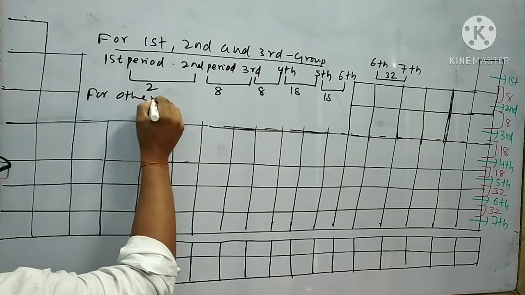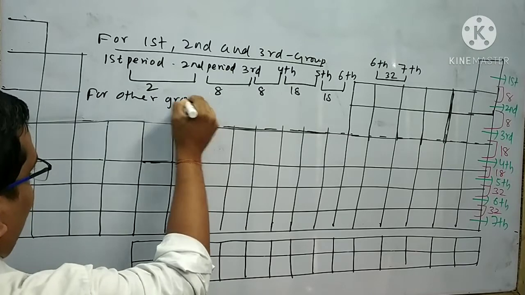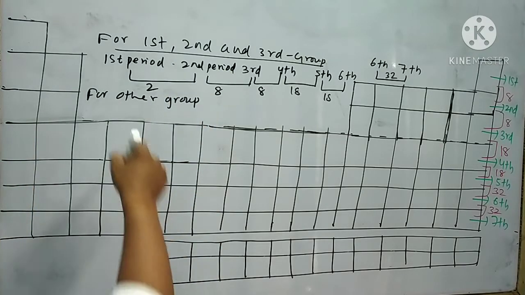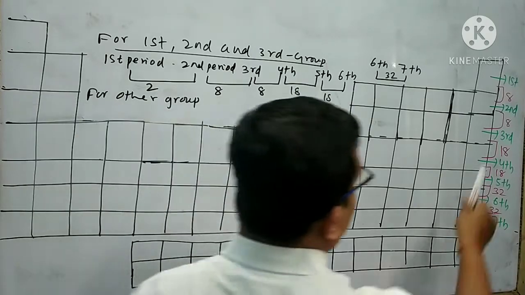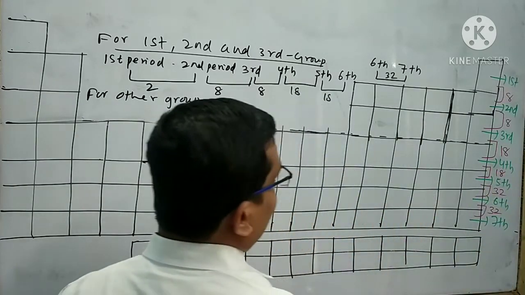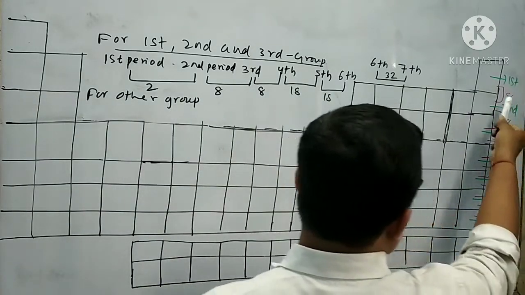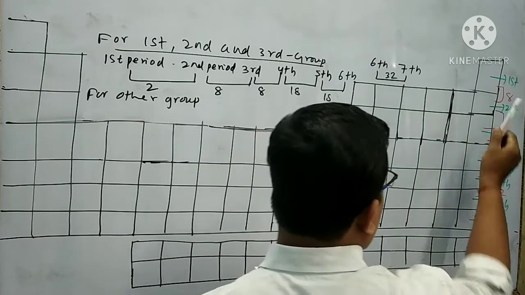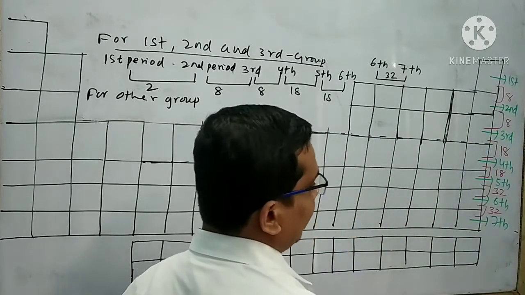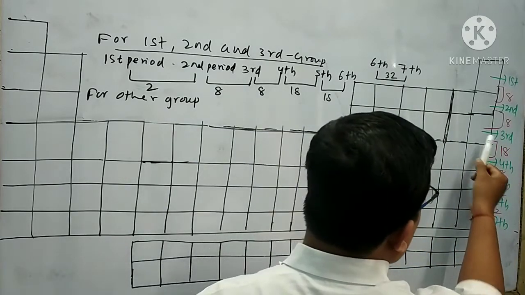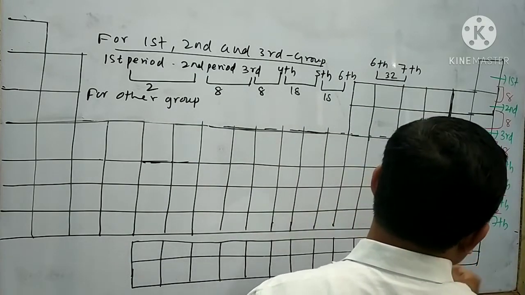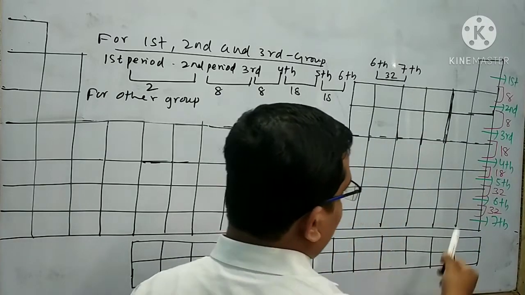For other groups, meaning except the first, second and third group, we generally follow this trend. From the first period to the second period, we generally use 8. From the second to the third period, we again use 8. From the third to the fourth period, we use 18.